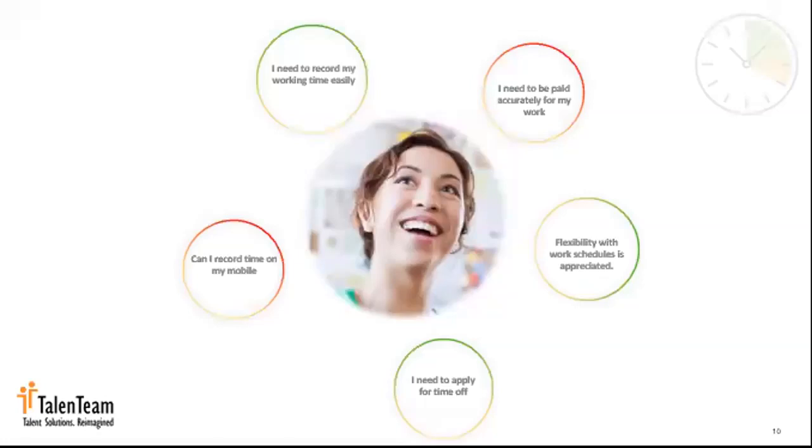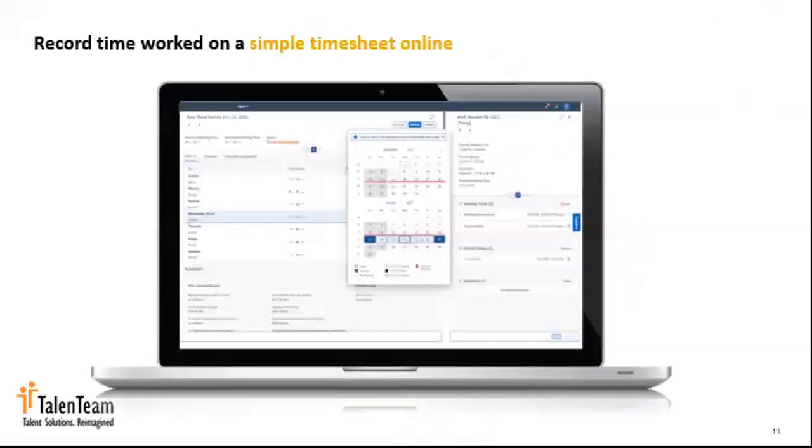So let us look at how exactly all these expectations are met in the SuccessFactors time tracking system. Record time worked on a simple online timesheet. This is how the employee will look at the timesheet, and this is how they'll record it.